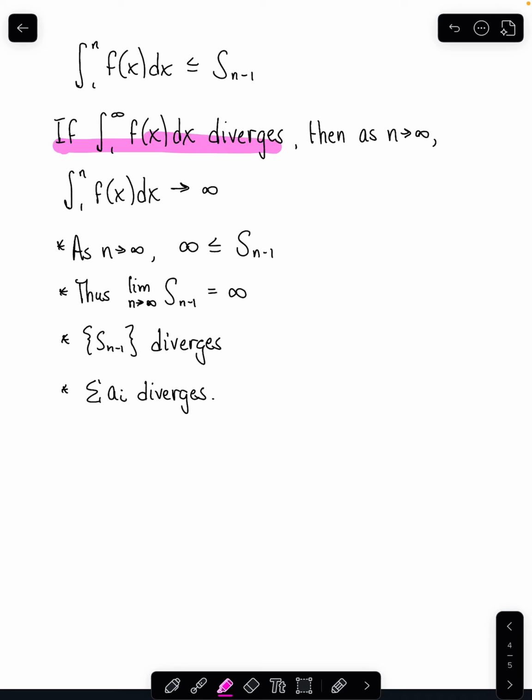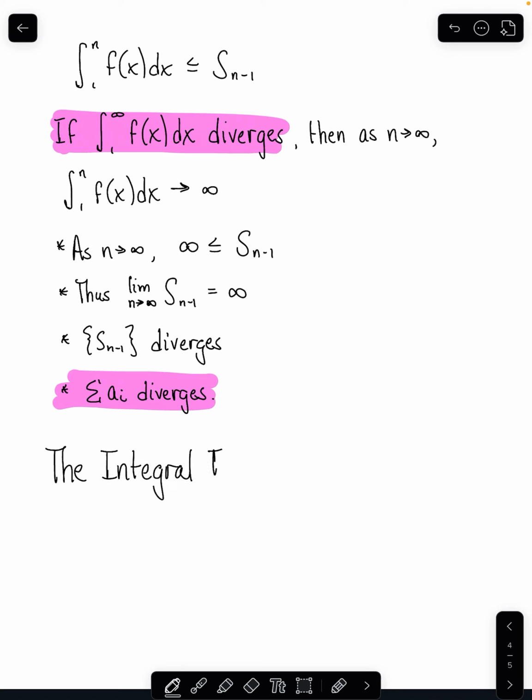So if the integral diverges, then the series diverges as well. And that's the conclusion that we have here. The integral test starts with the idea of a positive, continuous, decreasing function.